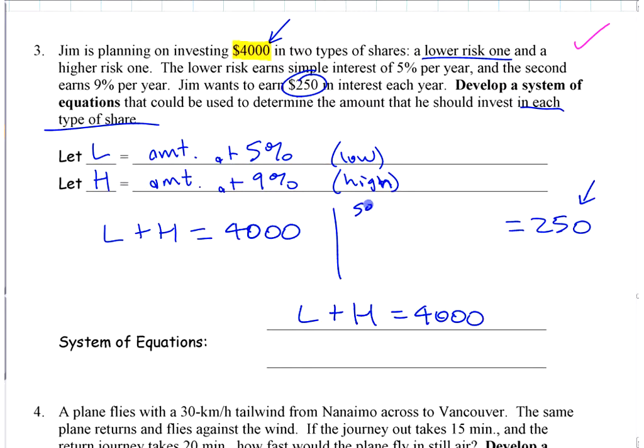That's 5% of H plus 9% of, or the other way around, 5% of L plus 9% of H, right? If you want to write that algebraically, 0.05 L plus 0.059 H, that's what adds up to 250. So that's the other one here.